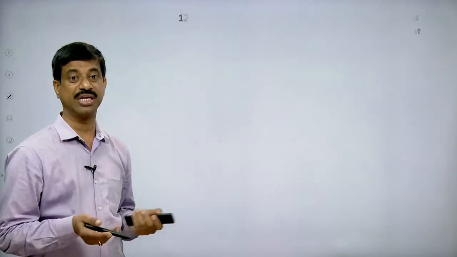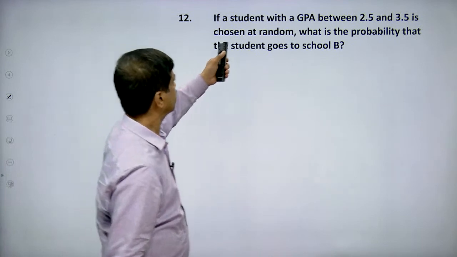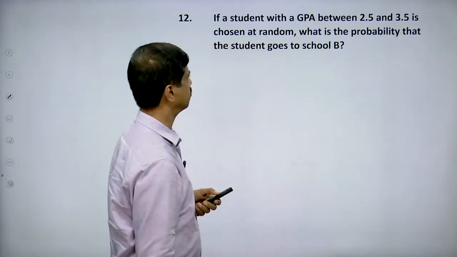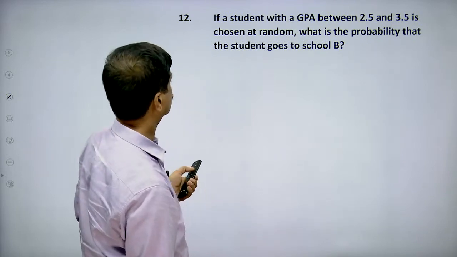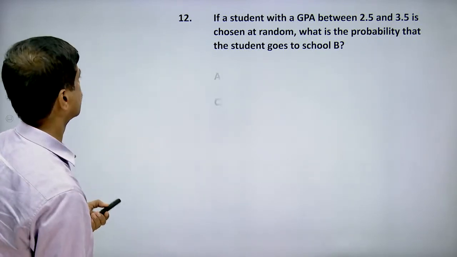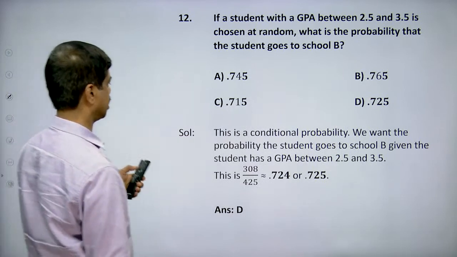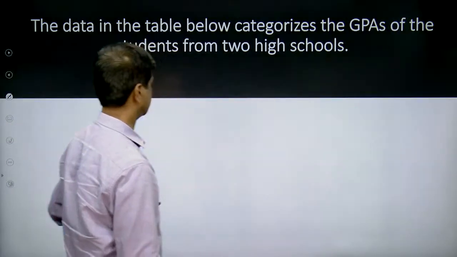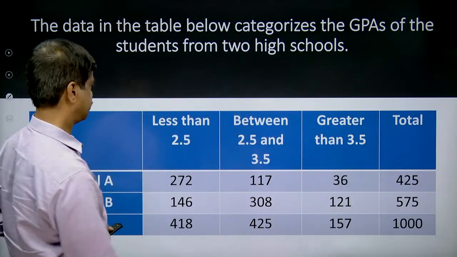Now let us see what he is asking. A student with GPA between 2.5 and 3.5 is chosen at random. What is the probability that the student goes to School B? So if you take the total students in this, it is 425.